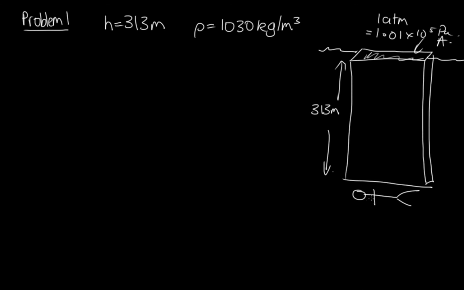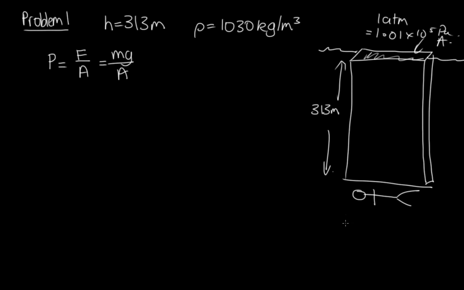So to calculate the pressure on the diver, he's got this atmospheric pressure acting on him, and he's also got the pressure which results from the weight force of the 313 meters of water. So pressure is equal to force over area, which is equal to mg over area.